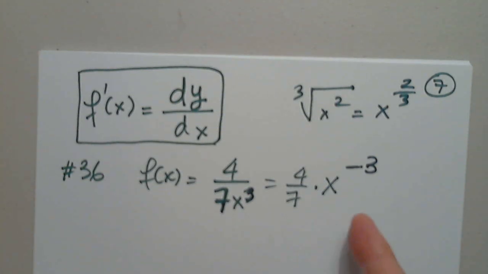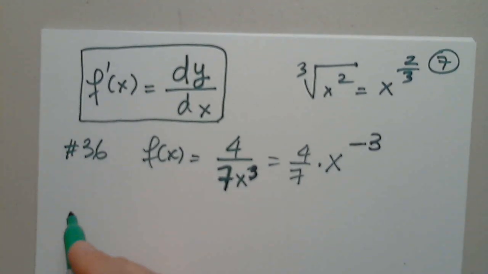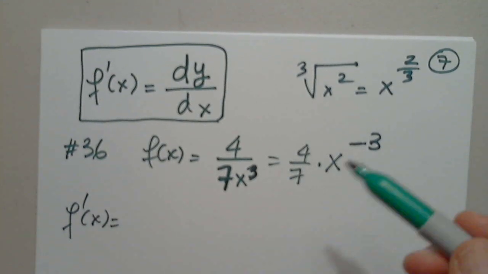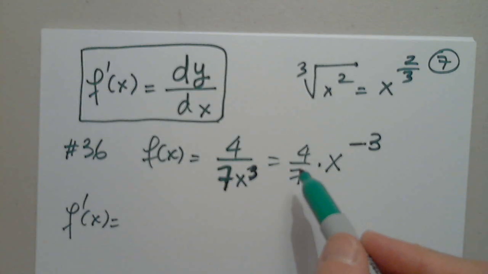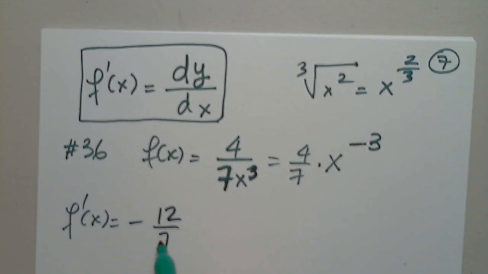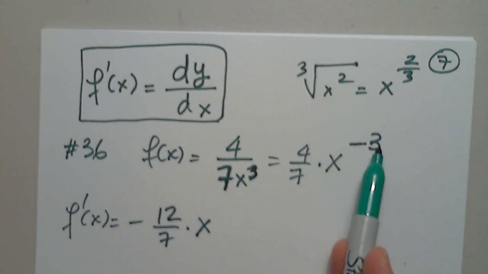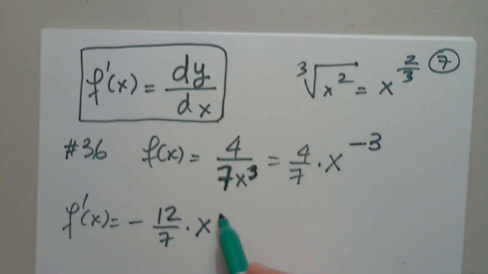So now I can differentiate. So let's find f prime. Bring down -3 and multiply by 4. -12 over 7 times x, subtract 1 from the power. What do we get? When we subtract 1 from -3, what do we get?